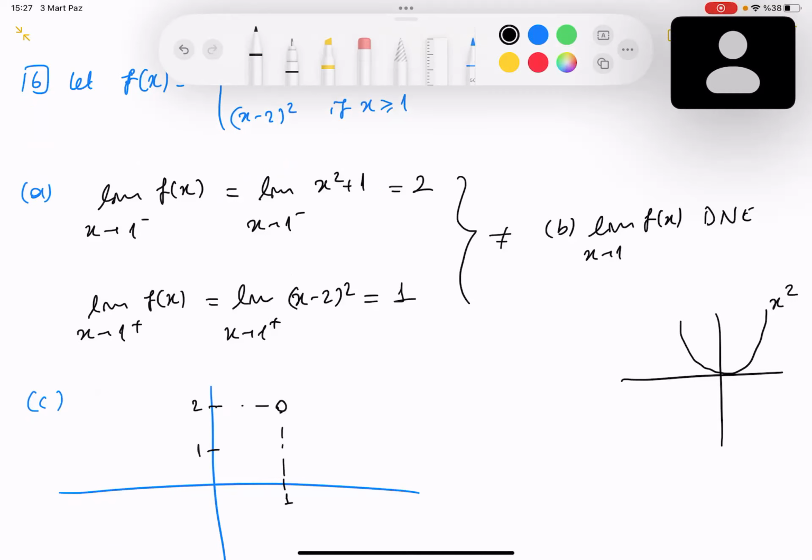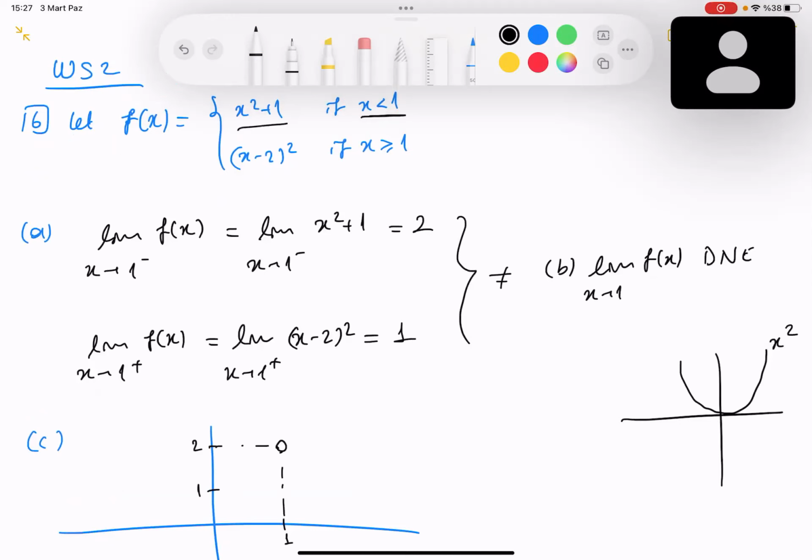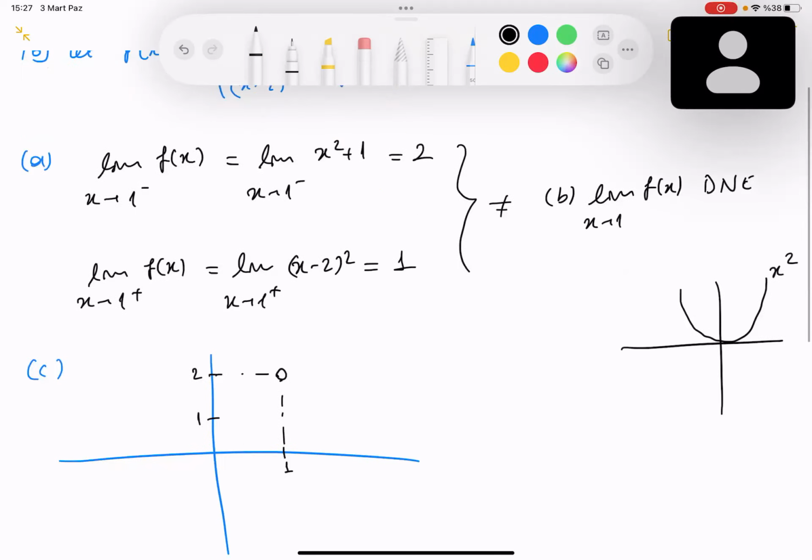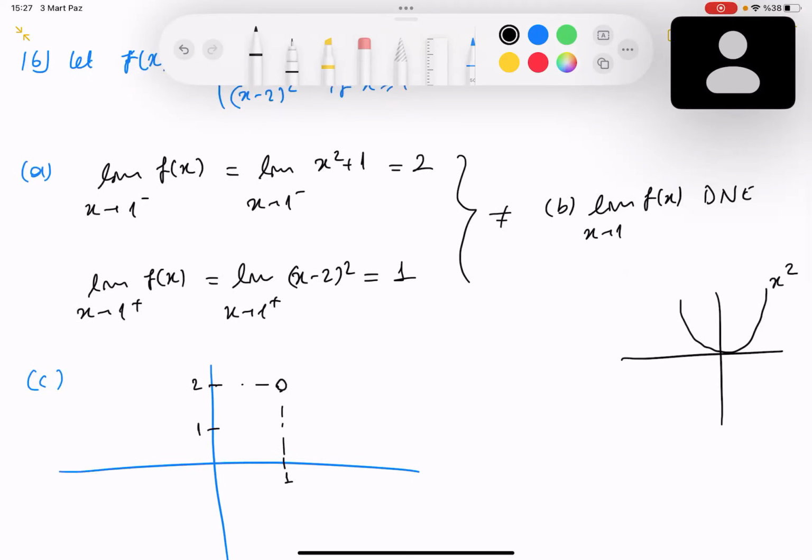Now you need to sketch x squared plus 1 for the values of x which are less than 1. You just shift the graph of x squared 1 unit upwards, right? So you have x squared plus 1.